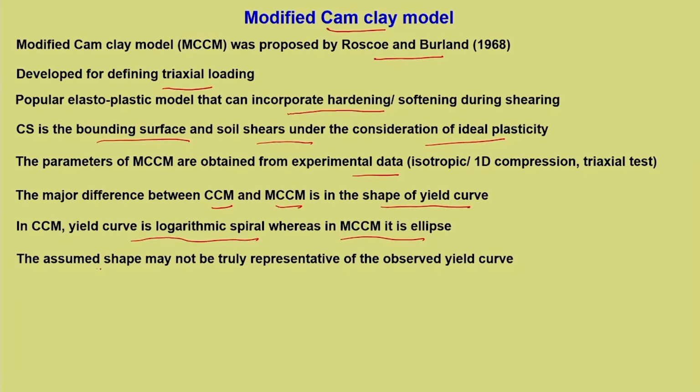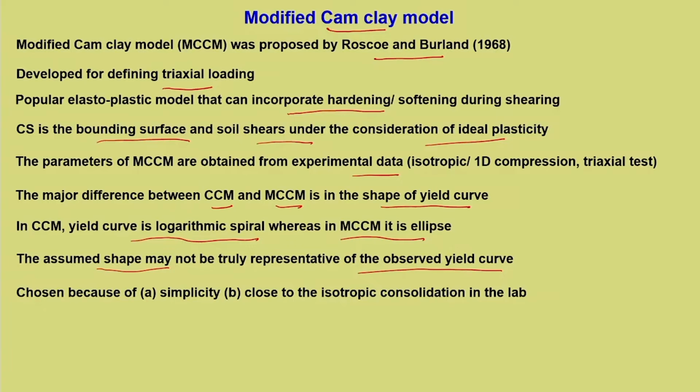Now, the assumed shape may not be truly representative of the observed yield curve. If we actually want to determine the yield curve experimentally, we have seen that it is quite an extensive procedure. You need to find out different ways by which the soil gets yielded, and then you join all those points. It is not that easy.